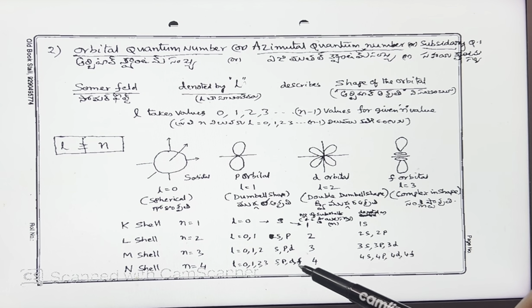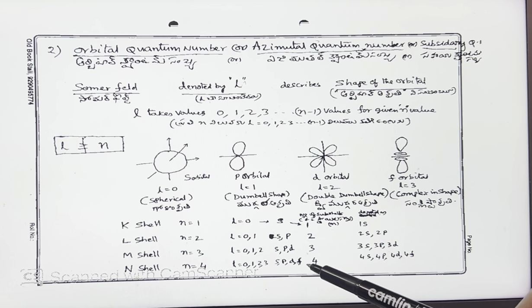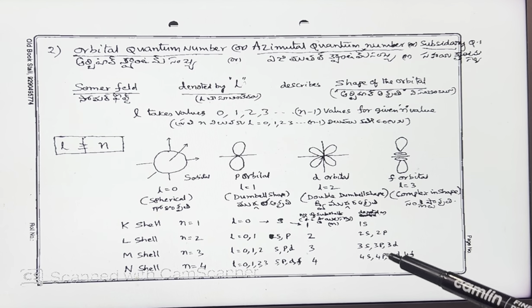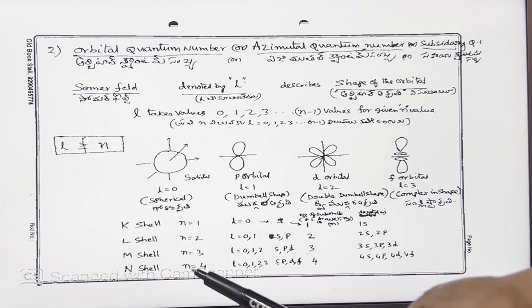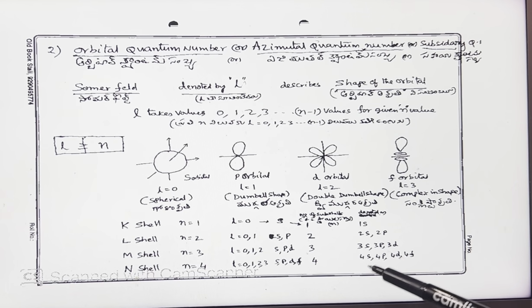So, a total of 4 subshells are there. In the fourth shell, how many subshells are there? 4 subshells are there, called 4s, 4p, 4d, 4f, present in the n equal to 4 orbit.